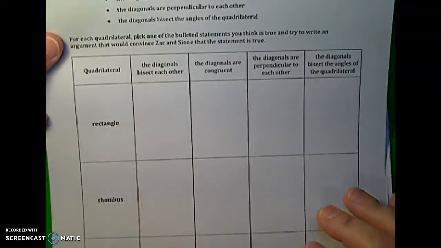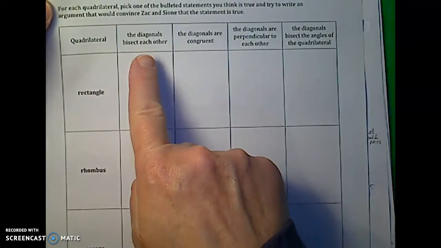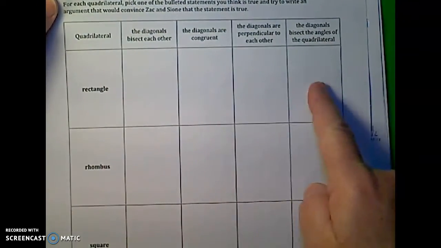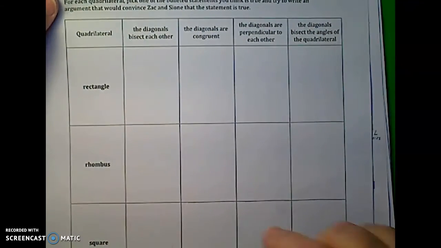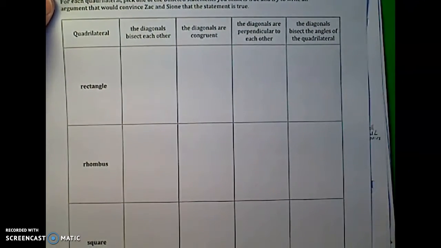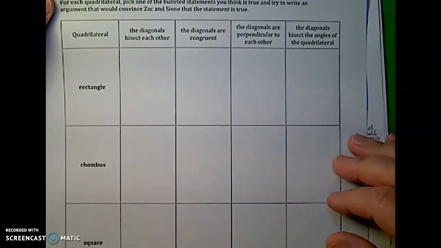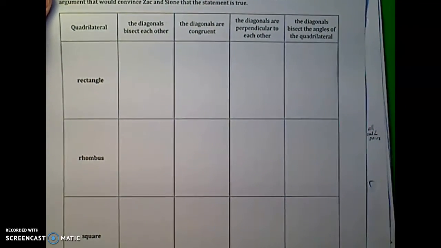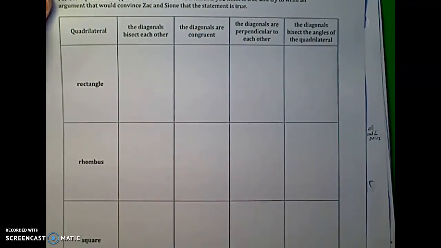And then what you would need to do on this table is, for each of these shapes, decide whether these statements are true or false. So you put a true or false in every single box. And when you can, say at least one in each row, state your justification for why you know that it's true, using something about symmetry or triangles.